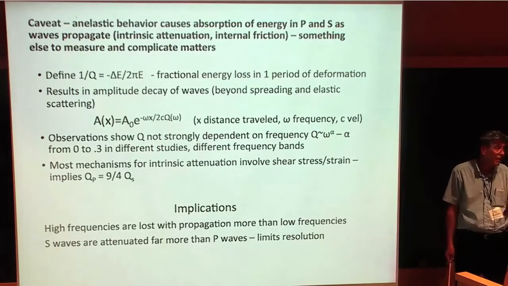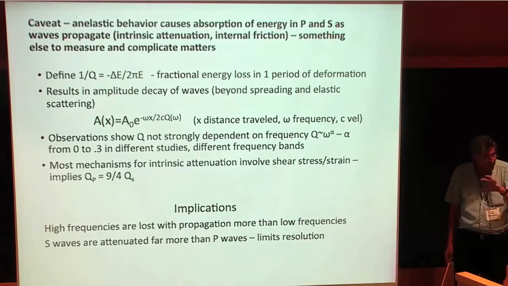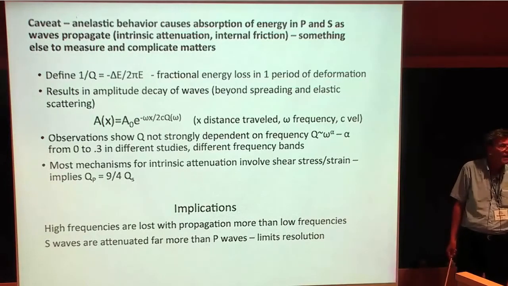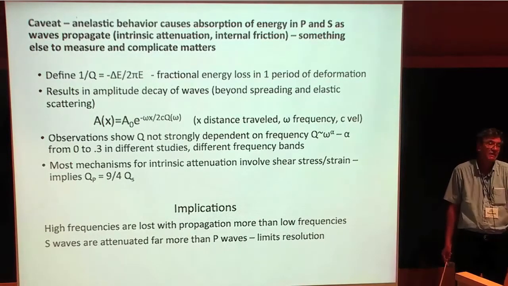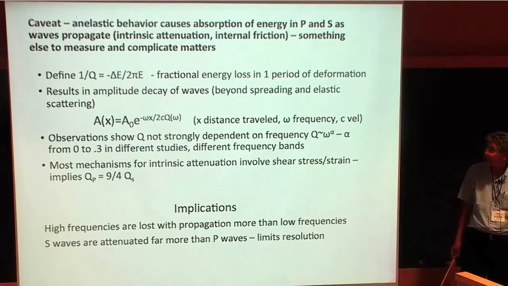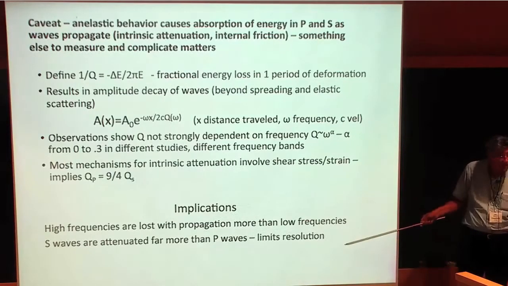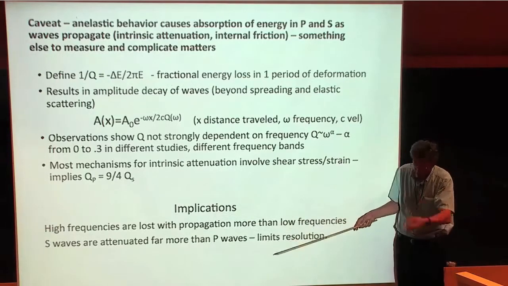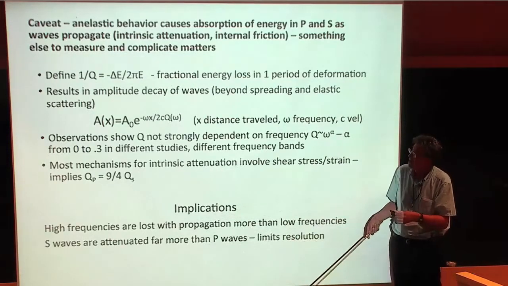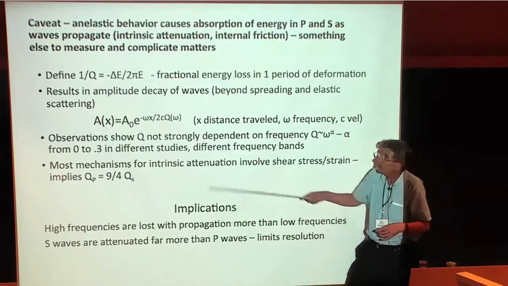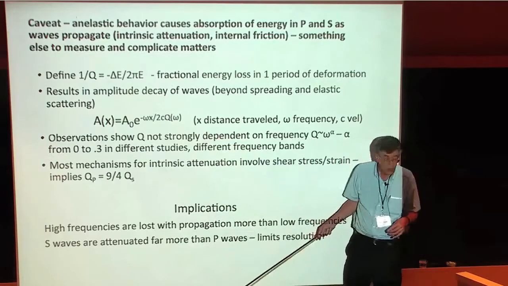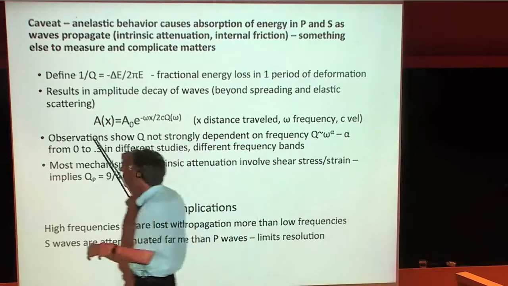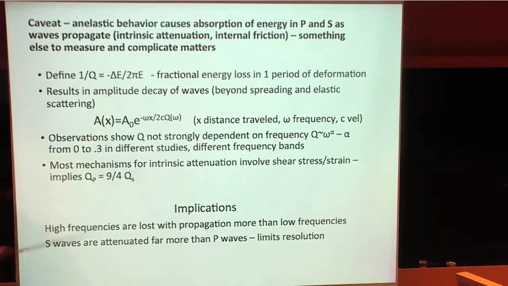A lot of times we take that into account after the fact. We have our basic elastic equations, and we take that into account after. I mention it here because it's actually kind of important for seismology. We define this absorption or internal friction, how it's related to energy, by this number capital Q. Capital Q is defined, or 1 over Q, as the fractional loss of energy in one oscillation of deformation.